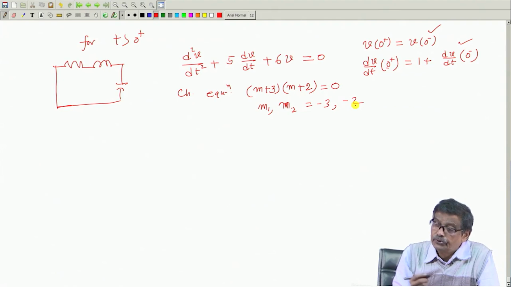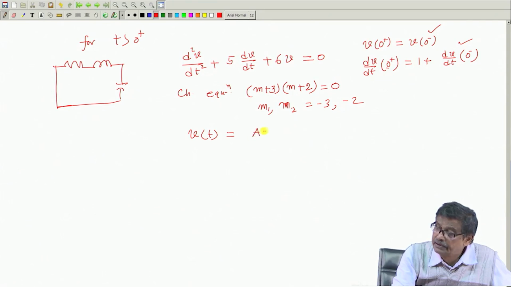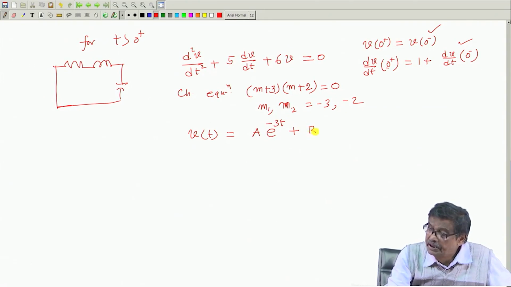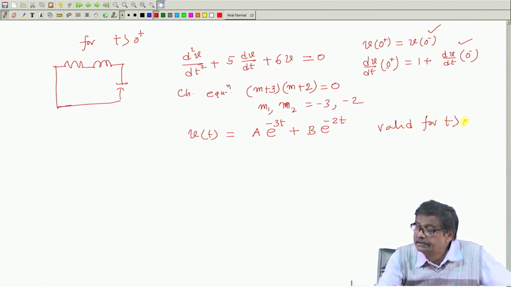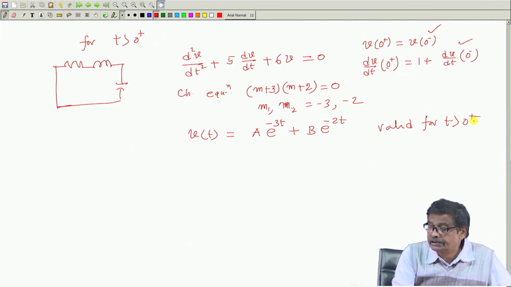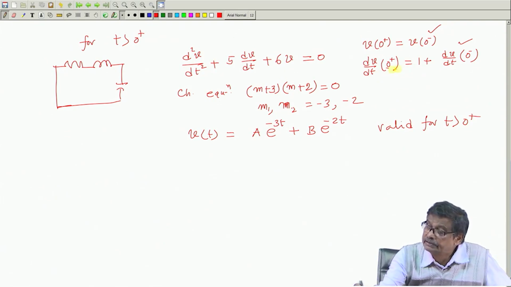These will be the roots, and V t you can write as A e to the power -3t plus B e to the power -2t. This equation is valid for t greater than 0 plus, with no excitation.